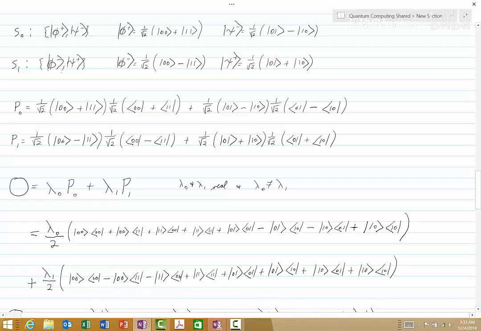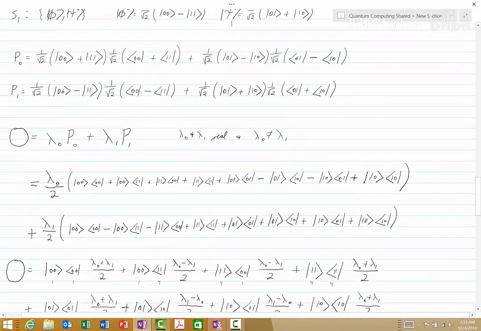And in a similar fashion, P1 is getting multiplied by lambda 1, and each one of the terms in P1 also has a 1/2 factor, so I'll have lambda 1 over 2, and then the multiplication here is very similar to what we have for P0, so I'll let you do that yourselves.